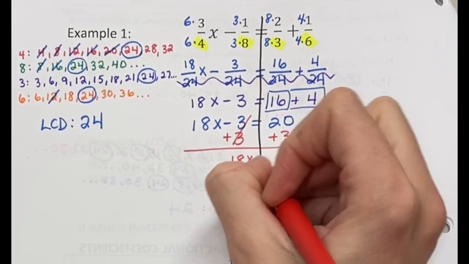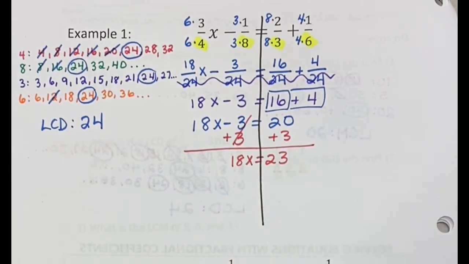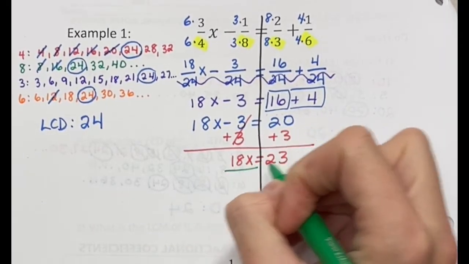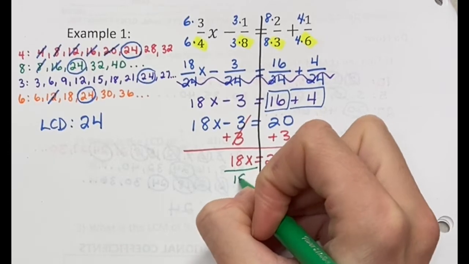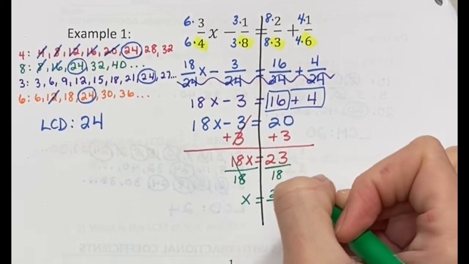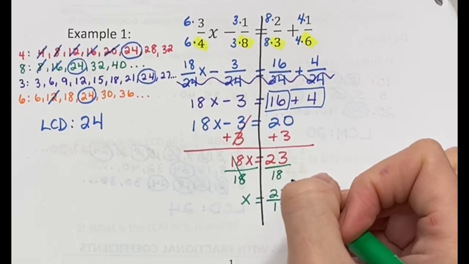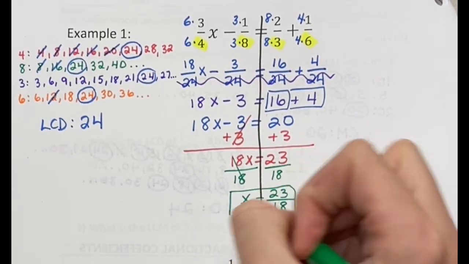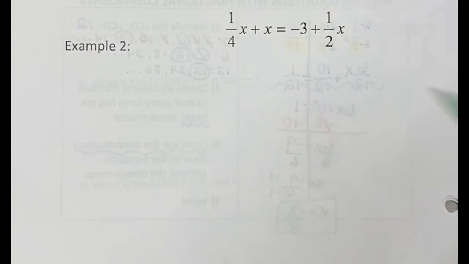So I get 18x equals 23. And then finally, I'm going to divide by 18 on both sides. And I get x equals 23 over 18. And you can't simplify that, so we could just leave it as a fraction.